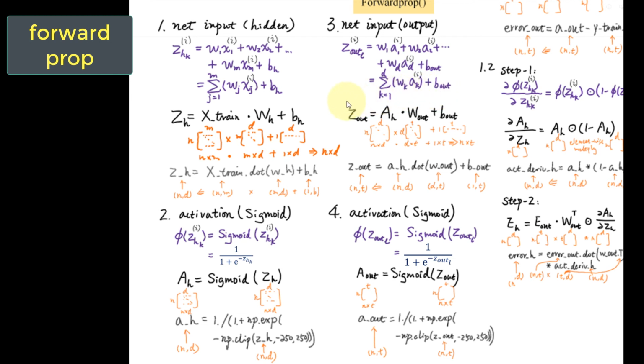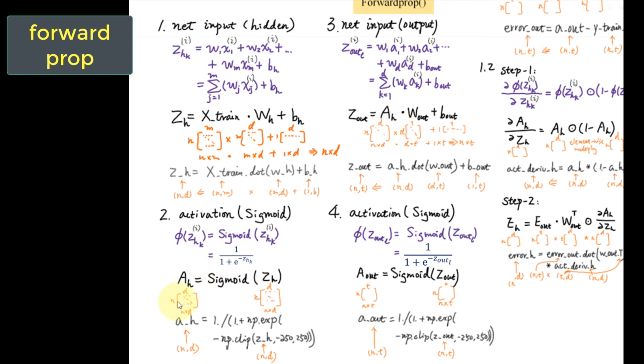To put it in matrix notation, capital Z of the output layer is the entire net input matrix of the output layer. It has dimension n by t, where t equals 2 now. So at the end of the day, this will produce a matrix which is n by t. Capital A is the activated value from the hidden layer, which is the same thing here.